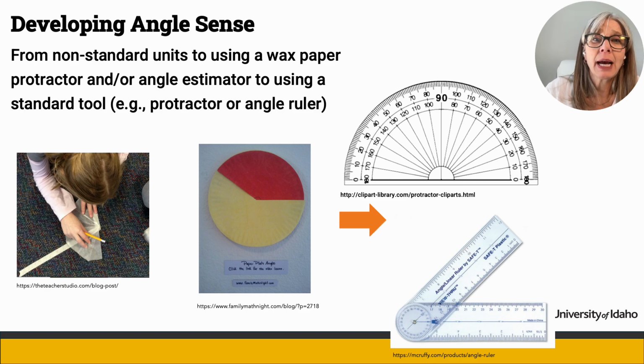If they have a strong grasp of approximate sizes of angles, such as the difference between 90, 60, and 120-degree angles, then they will have the background knowledge needed to use standard measuring tools. As with other measurement attributes, angle measurement is additive, a part-whole idea showing how math is a coherent subject where concepts overlap among domains.